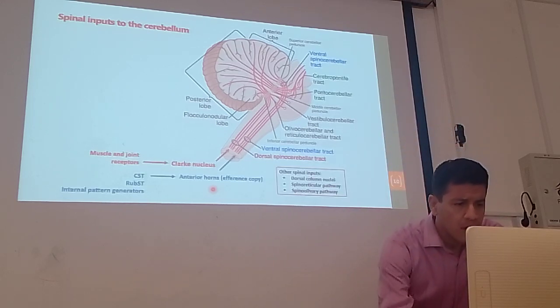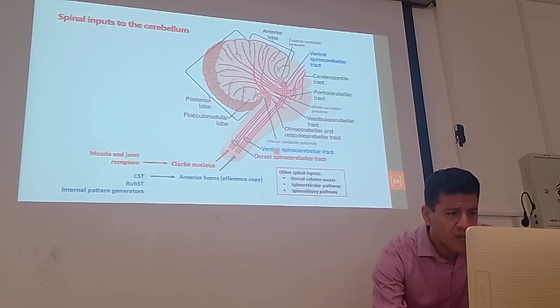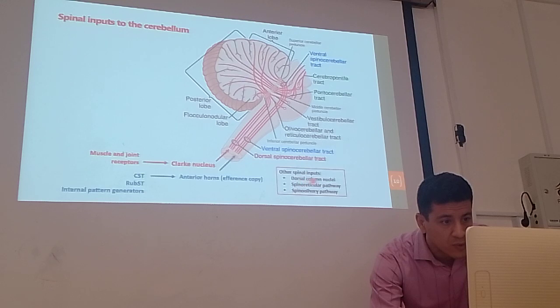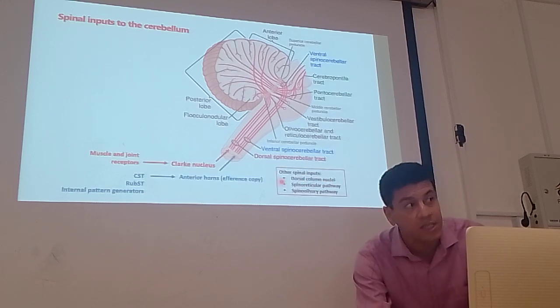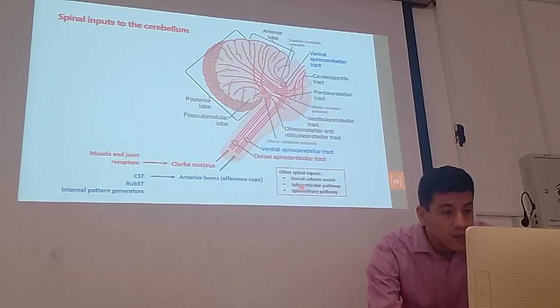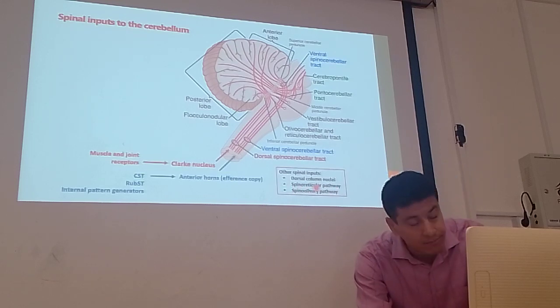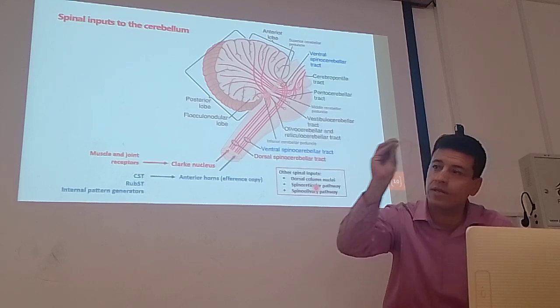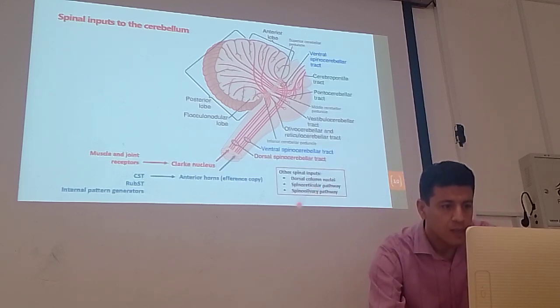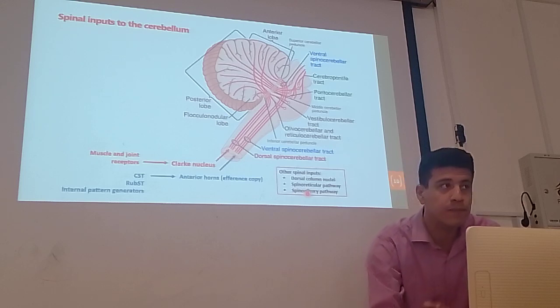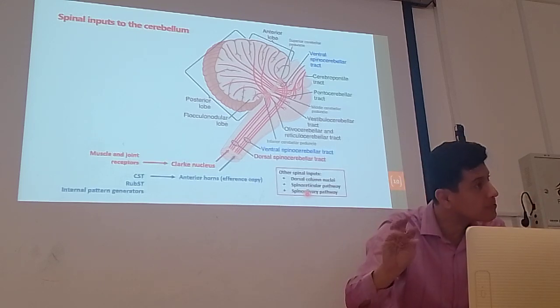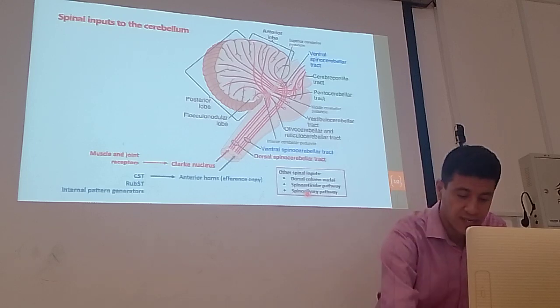So there are also other pathways from the spinal cord to the cerebellum. They come from the dorsal column nuclei, gracile and cuneate. Right? Spinal reticular pathways, spinal cord, reticular formation, from the reticular formation to the cerebellum. Spinal olivary pathways, spinal cord, inferior olive, cerebellum. The cerebellum also receives all of these, right?